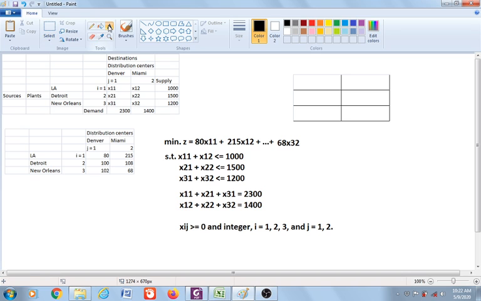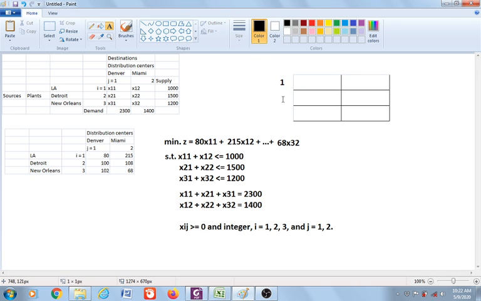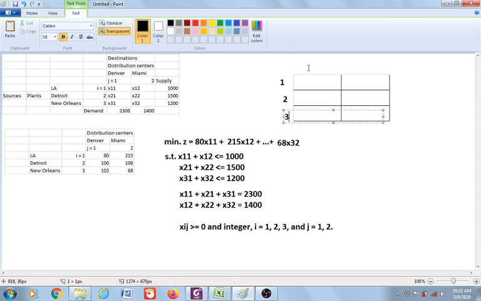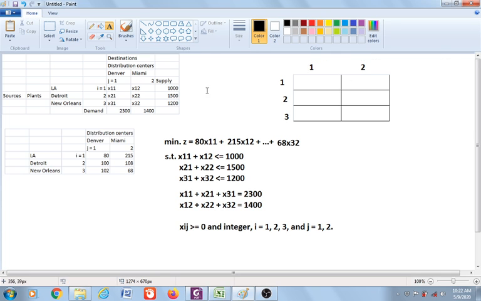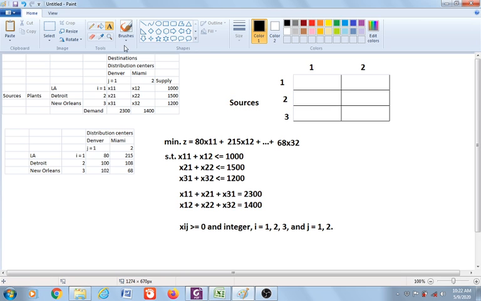So we have row 1, row 2, and row number 3, and we have column number 1 and column number 2. The row will be the destination. Oh, no, sorry. The row will be the source, and the column will be the destination.